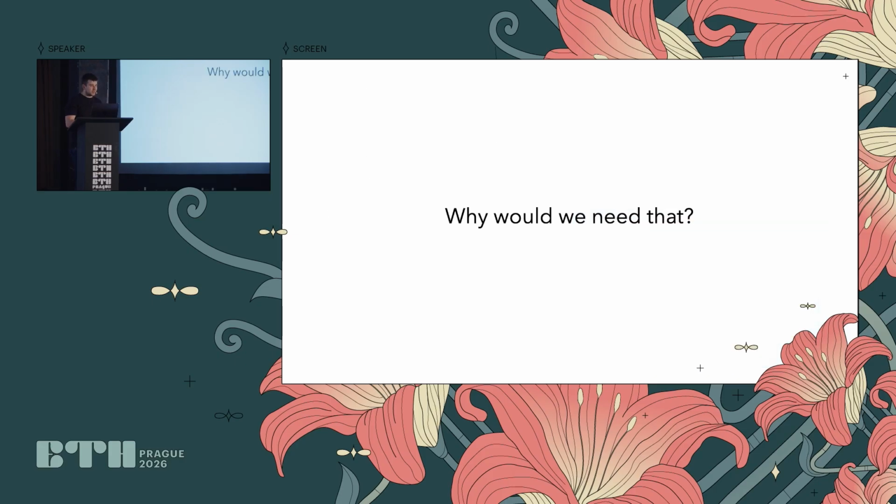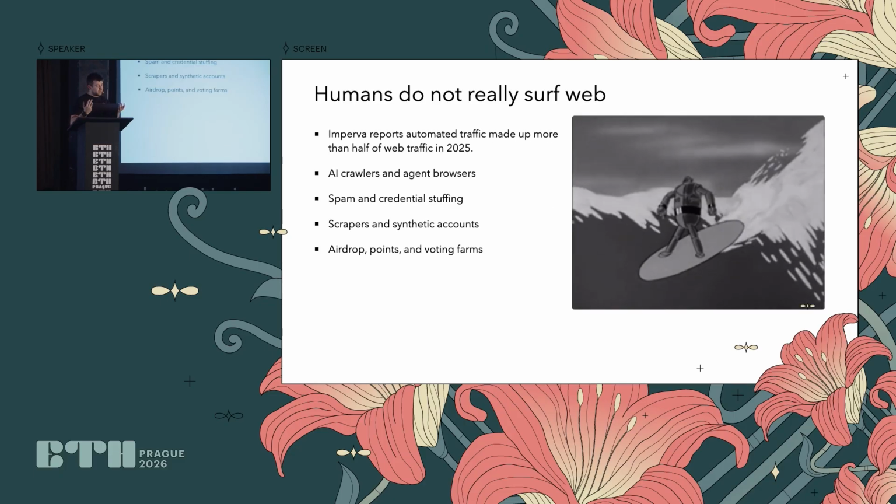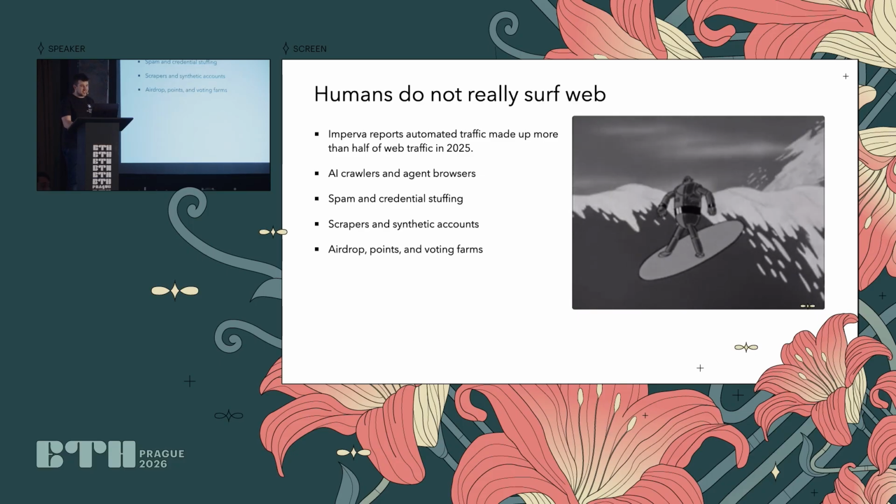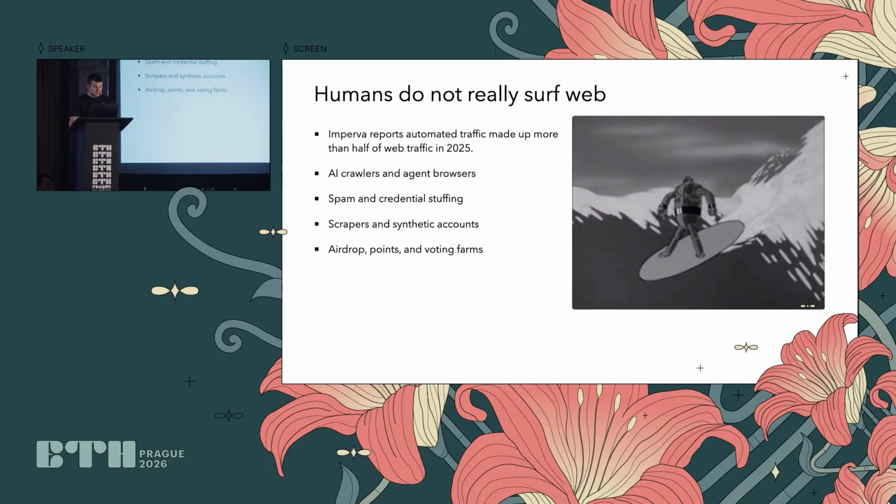And the question is, why do we need a human layer for the internet? Well, the answer is kind of obvious. Basically, humans do not really serve the web anymore, and according to research, more than half of the web is browsed by AI agents or AI crawlers, and basically the whole of TikTok and Instagram is just AI UGC slop.